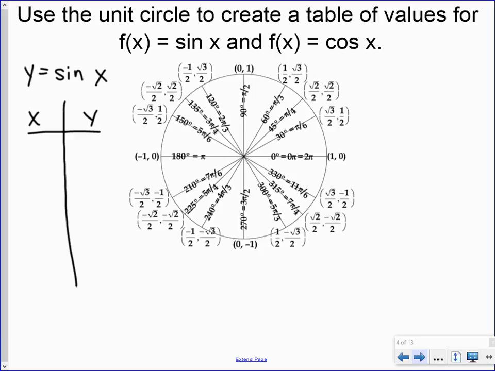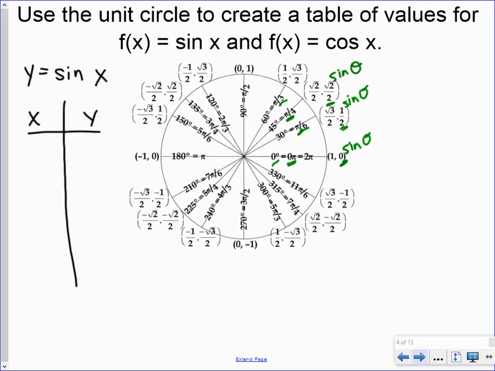The sine of an angle on the unit circle is equal to y. So I'm looking at these sine values that are my y's. And then I'm looking at my angles, and I'm actually going to be looking at radians. Now, I'm not going to use every angle when I create this table of values.